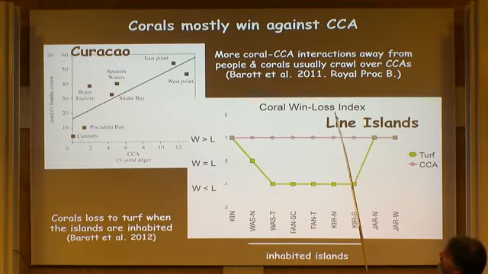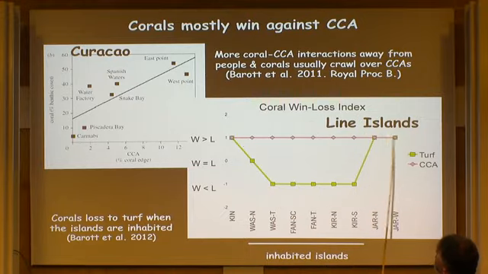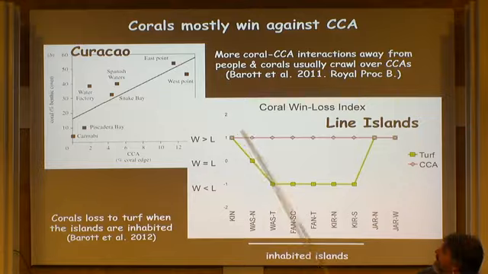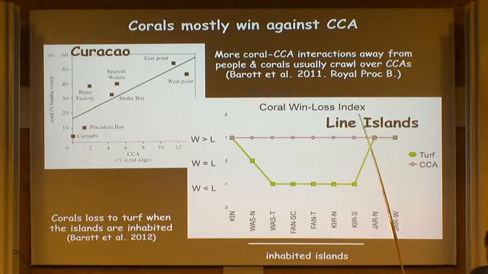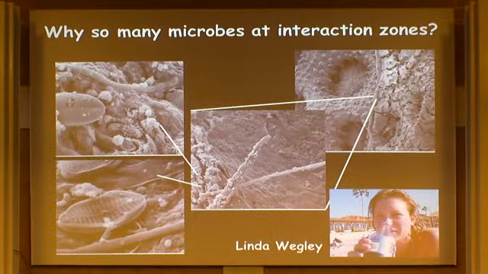So in places like the Line Islands, if you don't have people, which are these islands here, the coral will actually win against the turf algae. But if you have people where we've overfished it, these islands here, the turf algae win against the coral, right? And it's really clear. There's not much doubt.